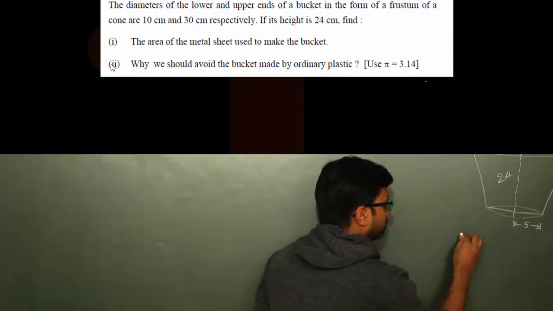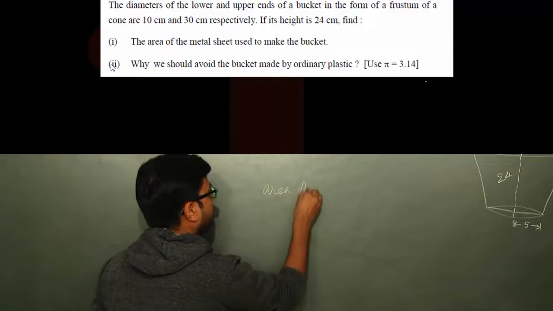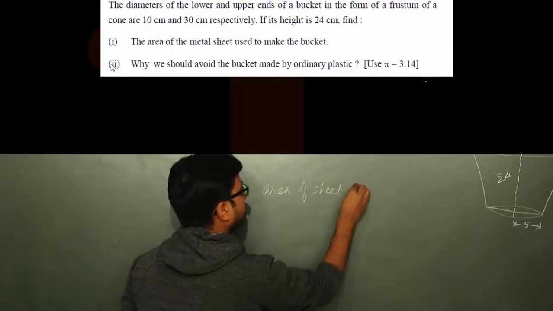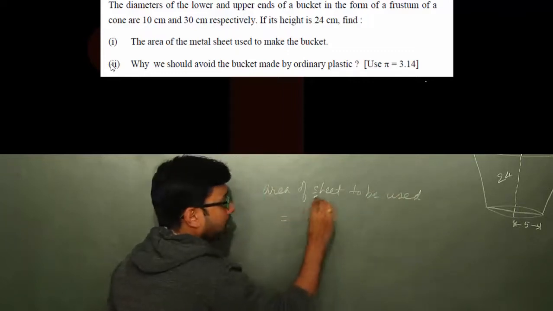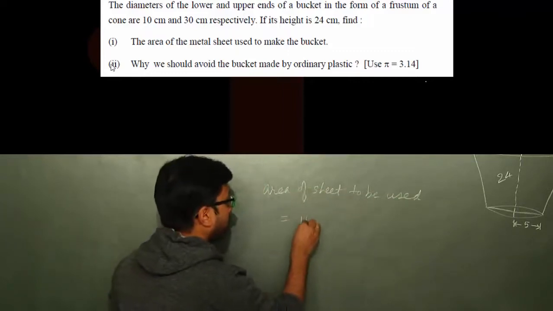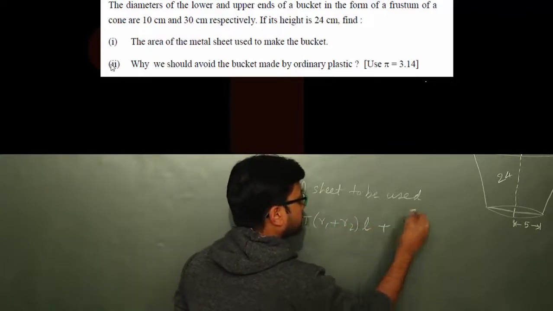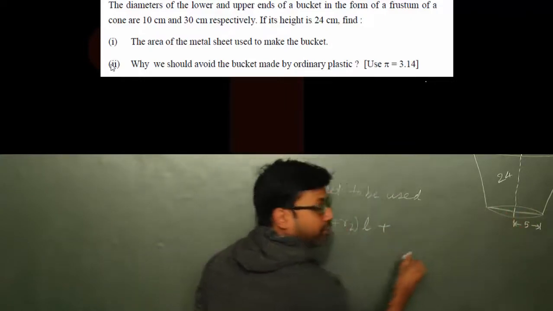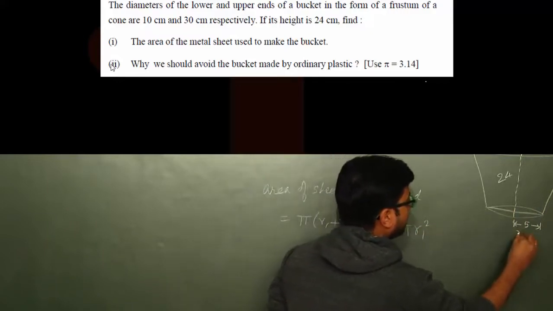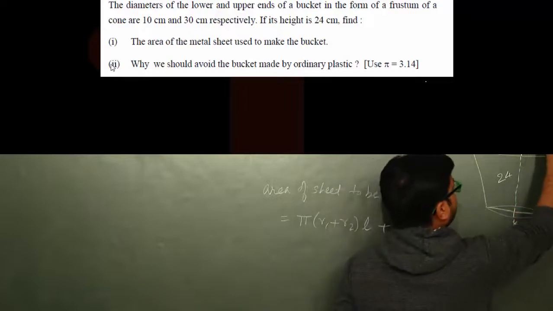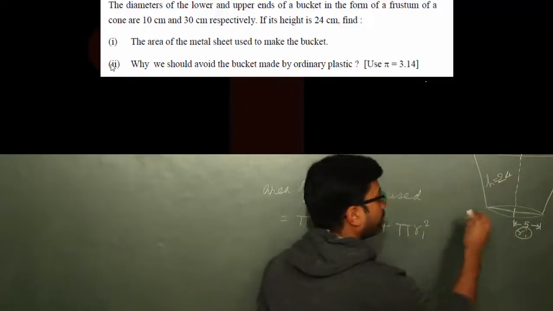So the area of sheet to be used will be equal to the curved surface area of the frustum, which is pi times r1 plus r2 into L, plus the area of the bottom of the bucket, which is pi r1 square, considering this to be r1 and this to be r2. This is h. L we don't know.